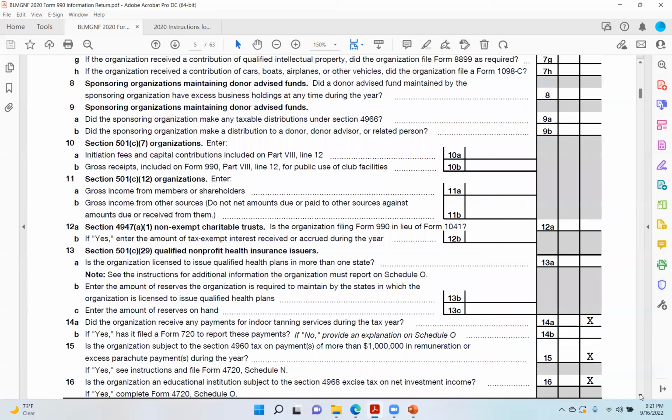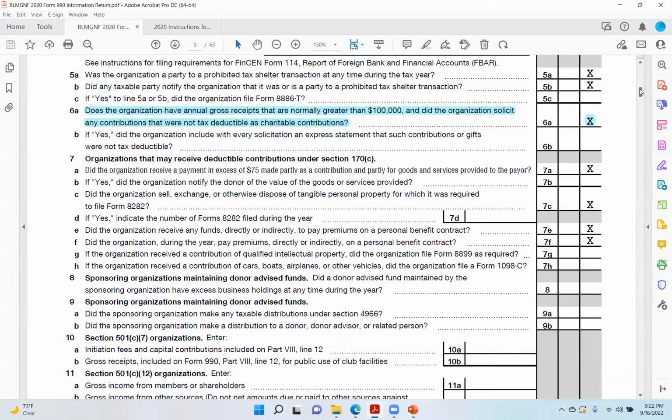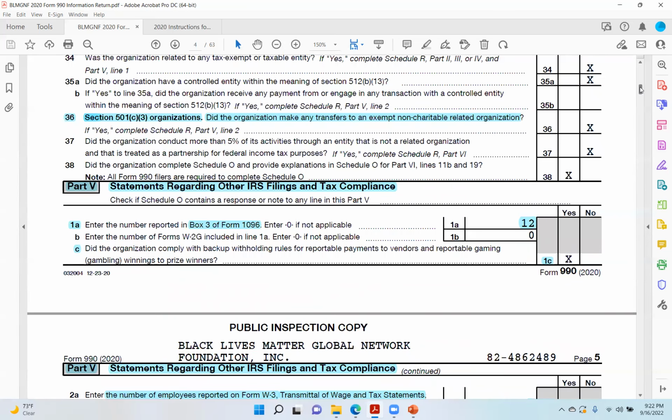I think I have one. Was that it? Oh, that's the last one. Uh-oh. All right. Well, great. That's the last one. So let's go back through. We're on part 5, statements regarding other IRS filings and tax compliance. 1A is a red flag for me. 1C is a red flag for me.